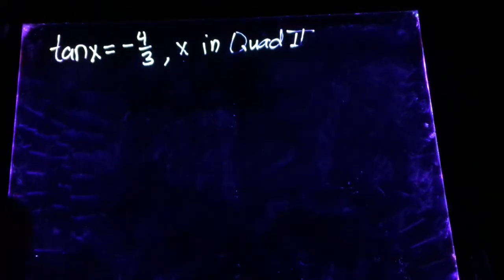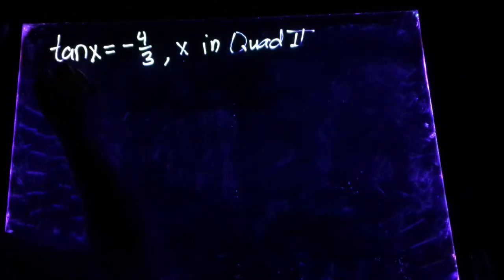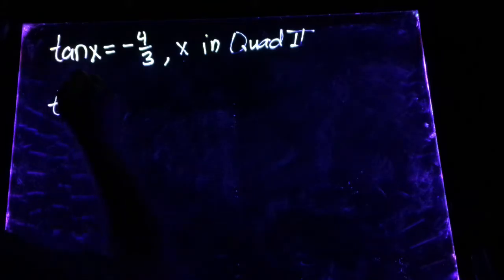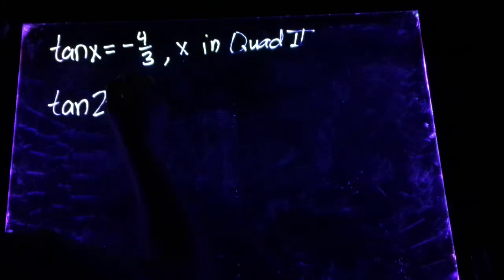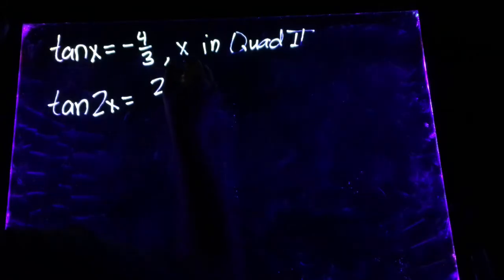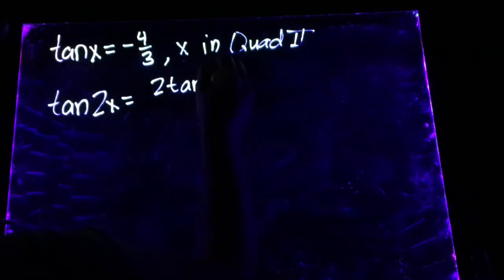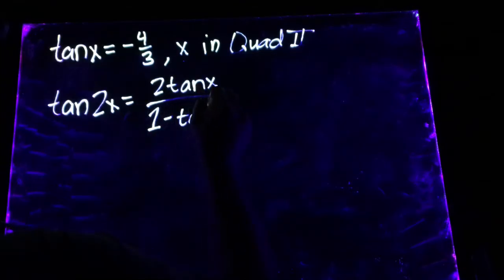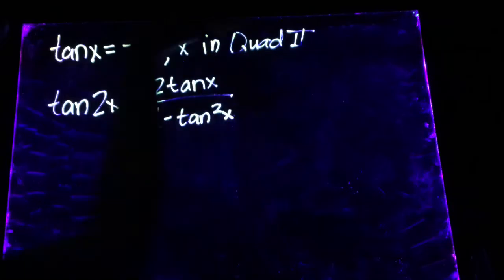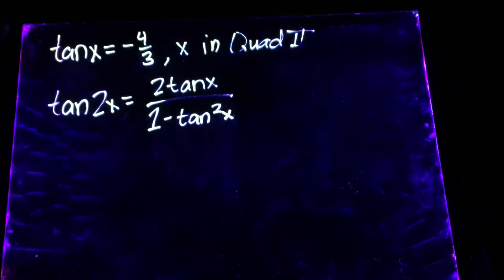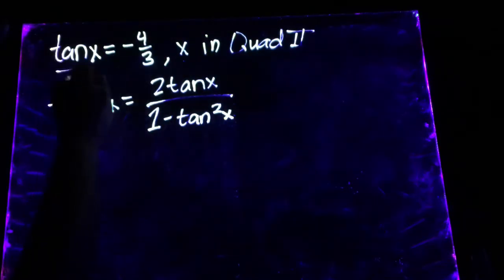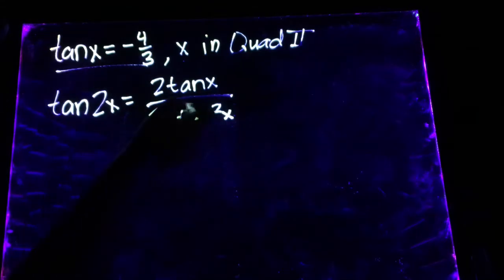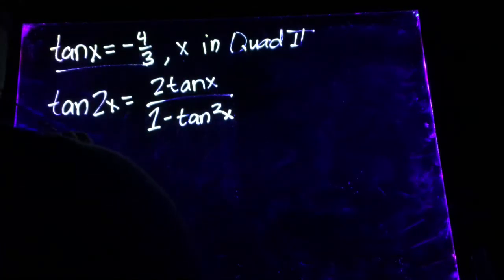Okay. So our parent equation for tangent for double angle is tan 2x equals 2 tan x over 1 minus tangent squared x. So to start out, we know our tangent, negative 4/3, so we can just start plugging this into the equation.